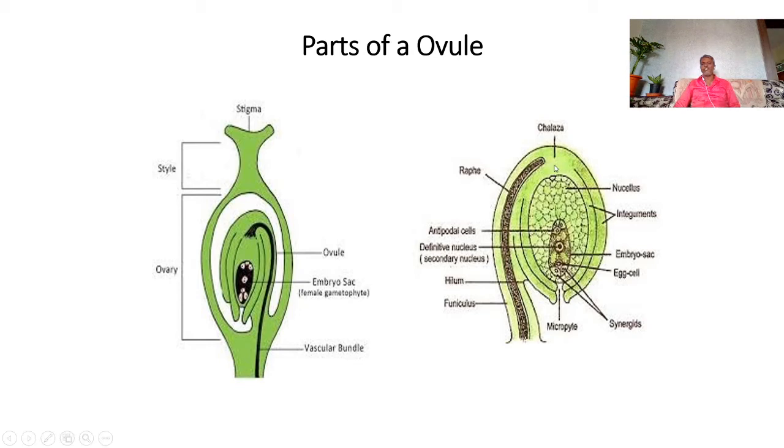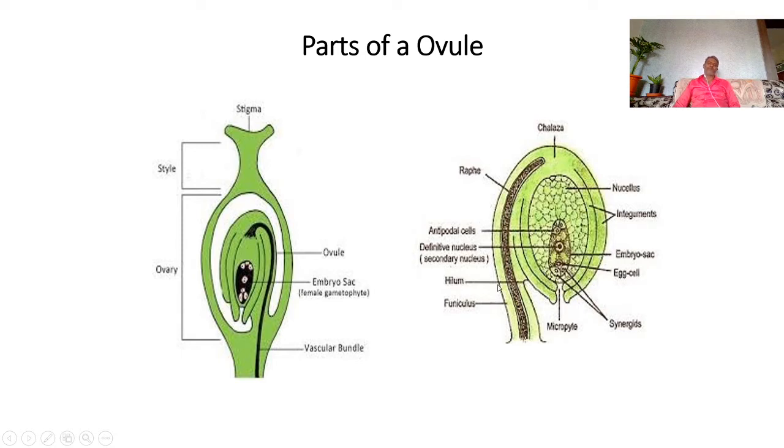See here, this region is known as chalaza. Then the stalk here. This is the stalk, and the stalk of the ovule, as already discussed, is known as funiculus, and this funiculus is attached to the body of the ovule through a notch-like structure called hilum. This is the hilum.